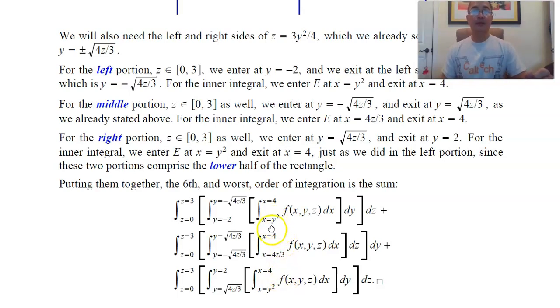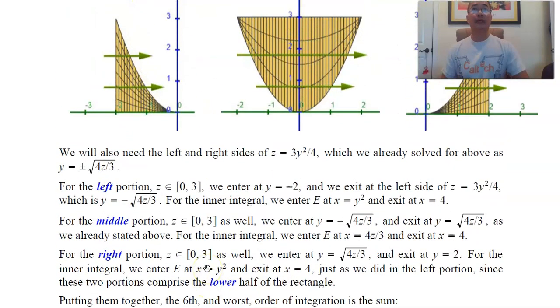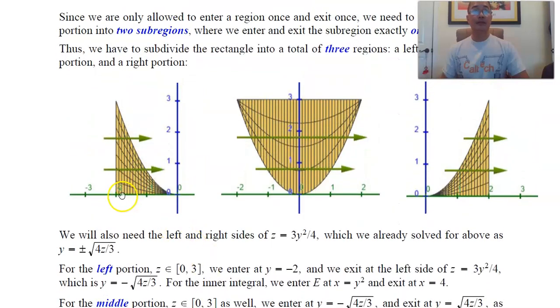When we're above the parabola, we enter through the parabolic plate, exit again at x equals 4. So the inner part is recycled. So 3 parts, all of them are z going from 0 to 3, because all of our plates start at z equals 0 and finish at z equals 3.